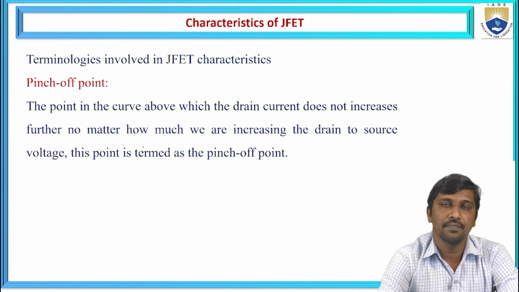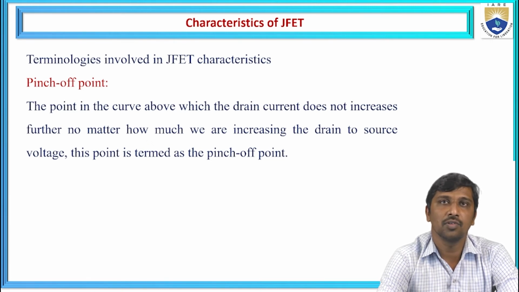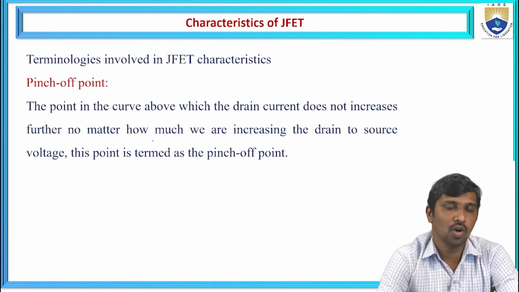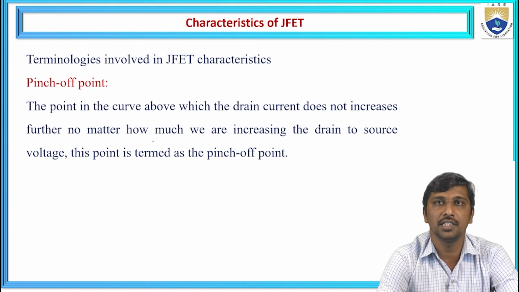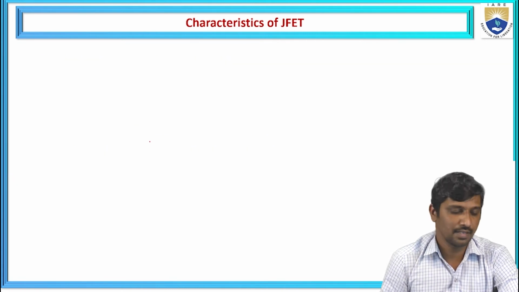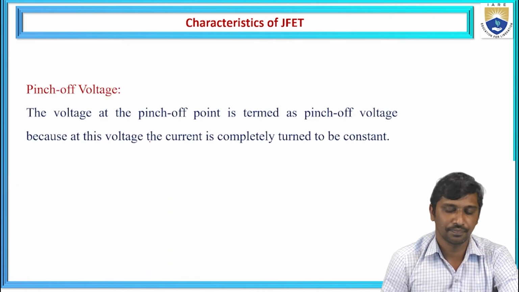The point at which the drain current does not change from its maximum value while the biasing voltage between the drain and the source increases is called the pinch off point. That particular voltage is represented as the pinch off voltage.